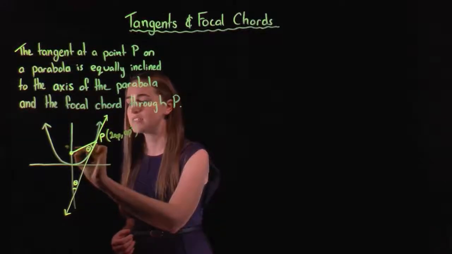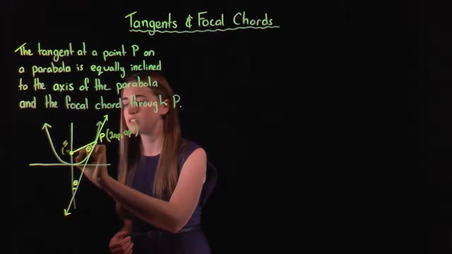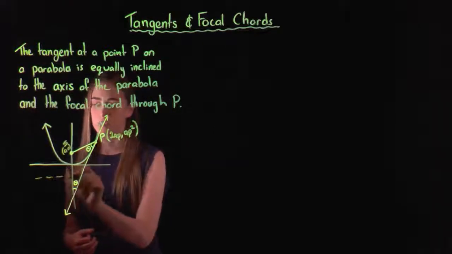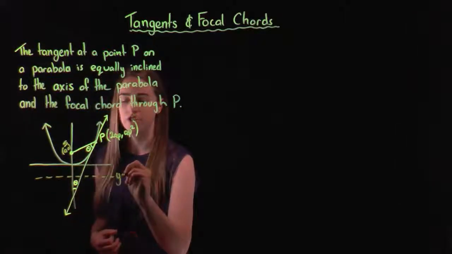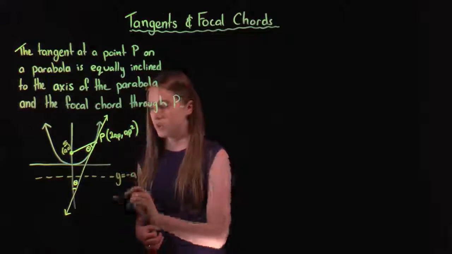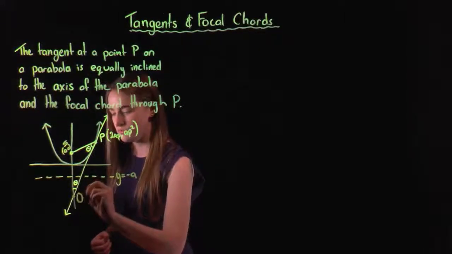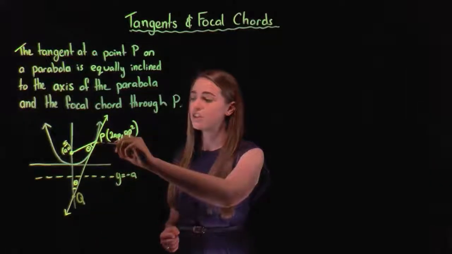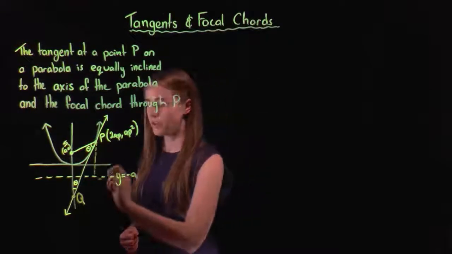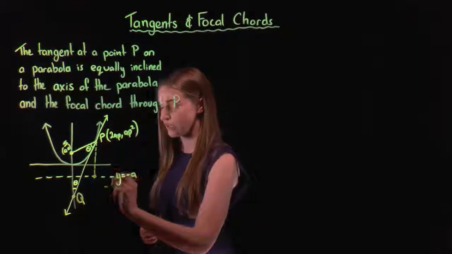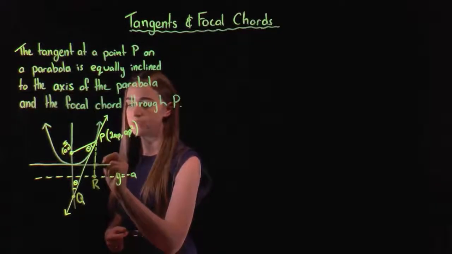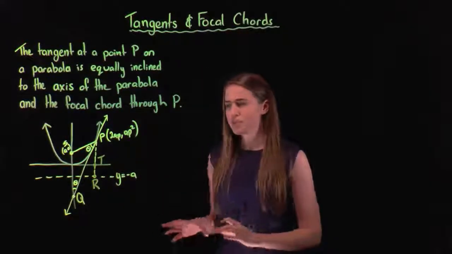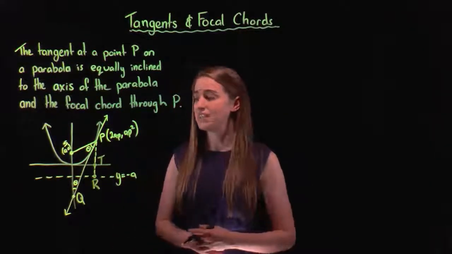We're going to call this S our focus, and it has coordinates 0, A. We're going to draw in our directrix, which has equation y equals minus A. We're going to call this point down here Q. We're going to draw a line straight down from P, call the point where it meets the directrix R, and call the x-intercept of that straight line T. That looks pretty messy, but it's all going to come out fairly nicely in the end.